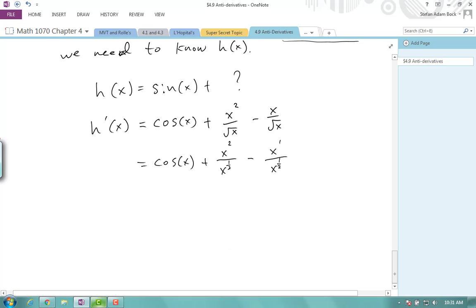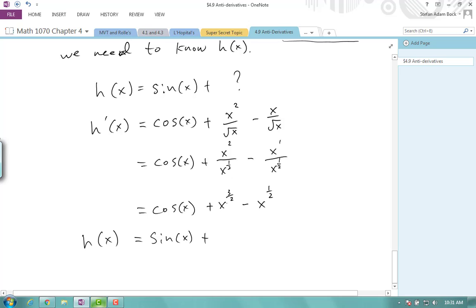And when I divide, I subtract the exponents. So this is cosine of x plus, that's 2 minus 1/2, so that's x to the 3/2, minus, 1 minus 1/2 is x to the 1/2. So now if I want my antiderivative, the derivative of sine is equal to cosine, so the antiderivative of cosine is sine.